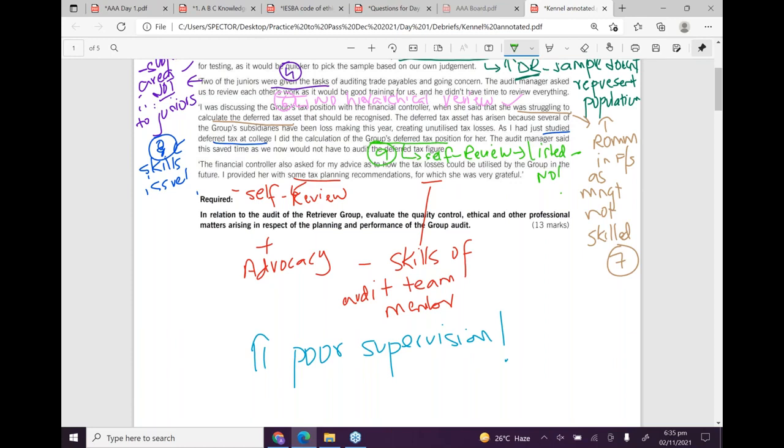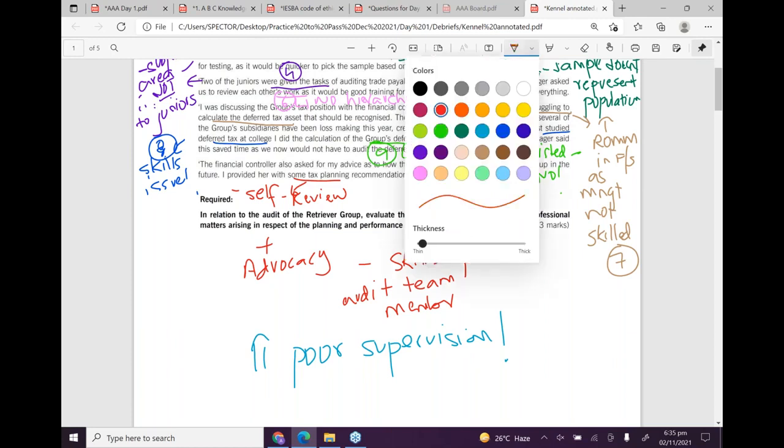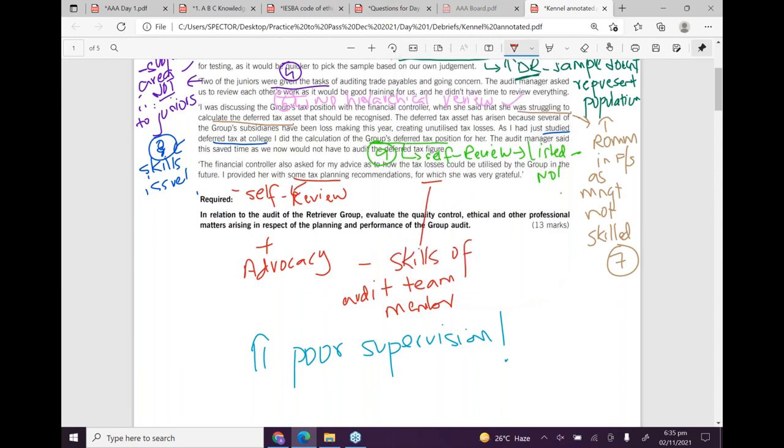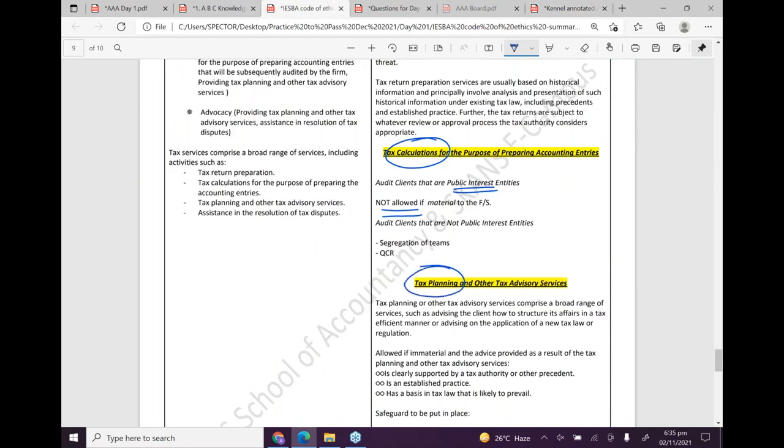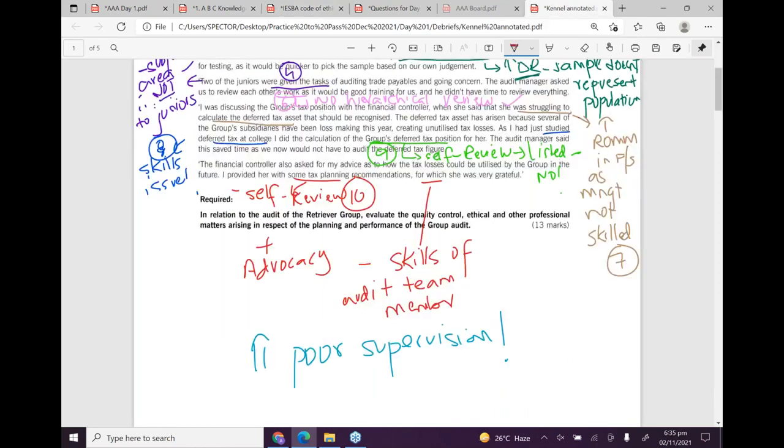Once again, none of you was able to pick up the fact that there were two separate threats in that. Remember, I'm referring to the code again. Tax calculation is separate. Tax planning is separate. So in this question, there was tax planning, 1 mark for explaining self-review, 1 mark for explaining advocacy as well. And then another mark for saying you were not qualified for calculating tax, you are not qualified for giving tax planning recommendations.